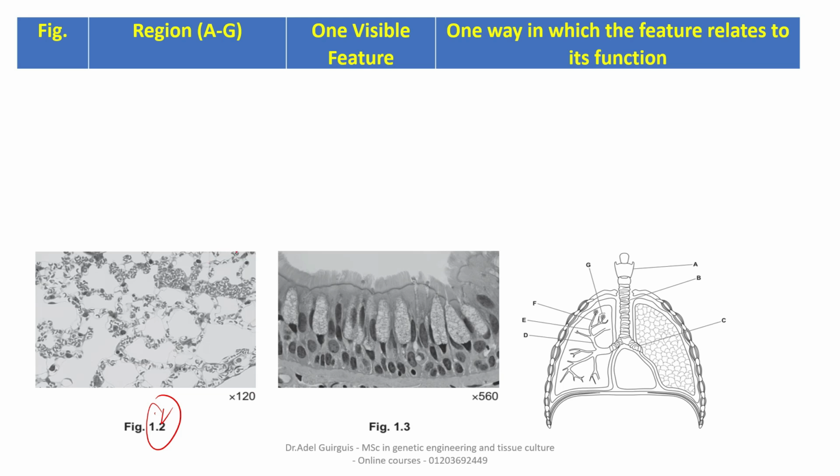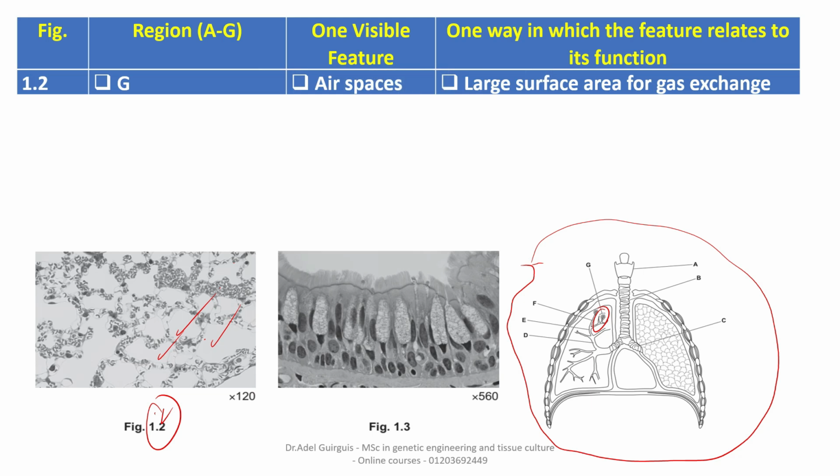From which organ did we make this slide, figure 1.2? From this shape, exactly here, there are air spaces, a lot of air sacs, alveoli, so the answer is letter G. Region G, one visible feature: air spaces. One way in which the feature relates to its function: large surface area for gas exchange.